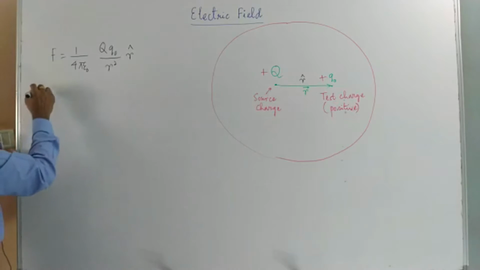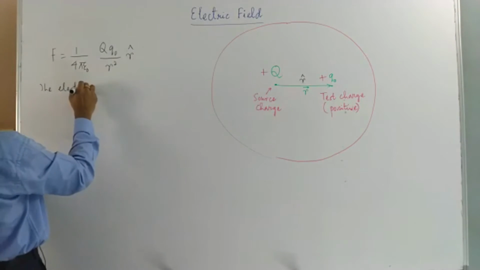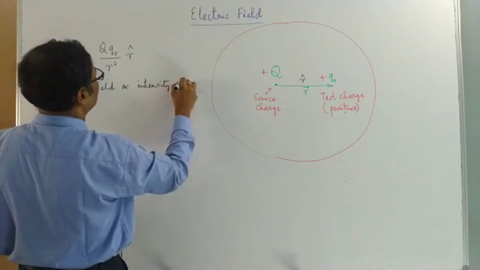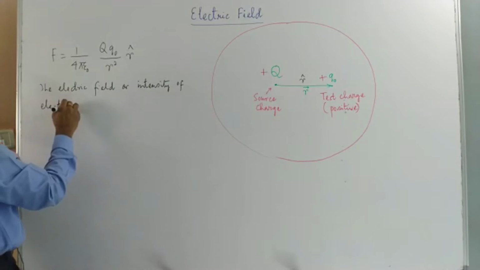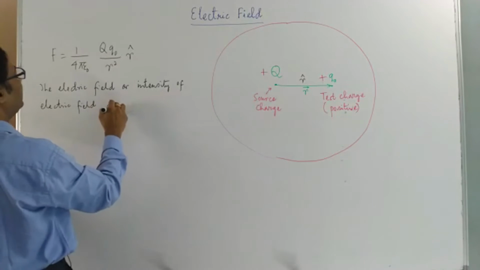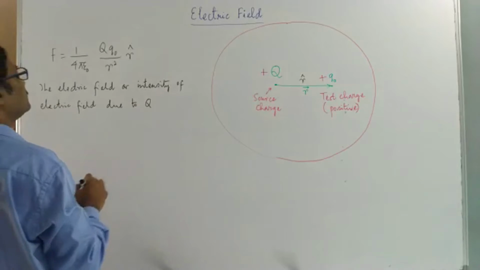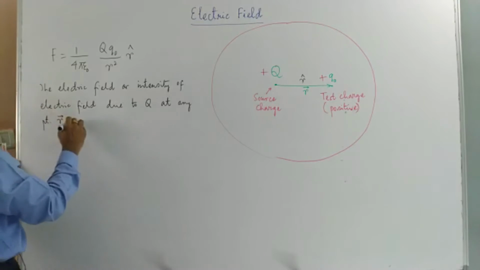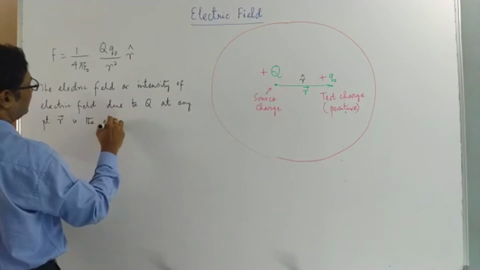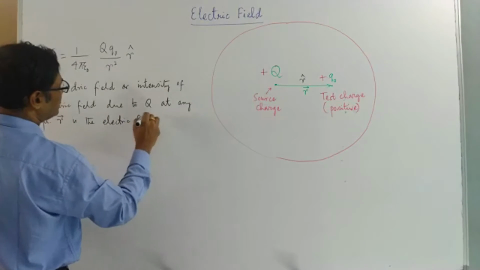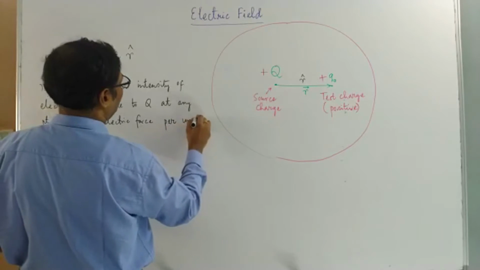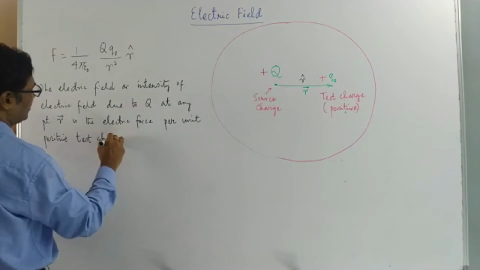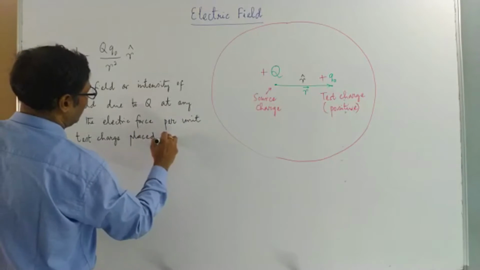Now, the electric field or intensity of electric field due to this charge plus Q at any point r is the electric force per unit positive test charge placed at that point.